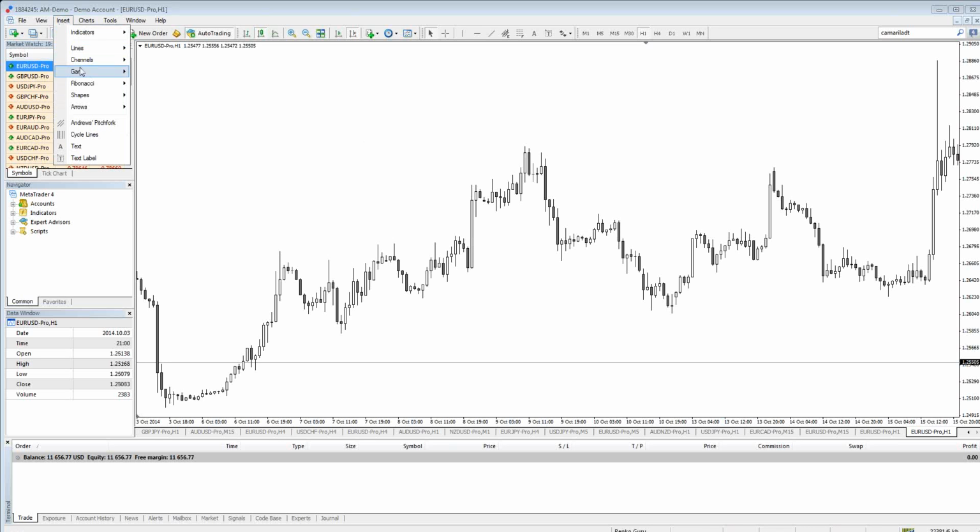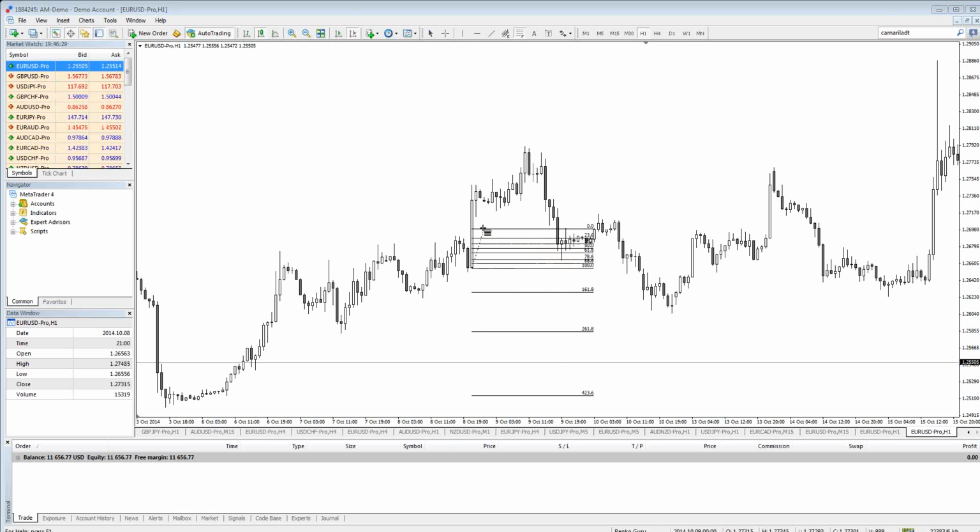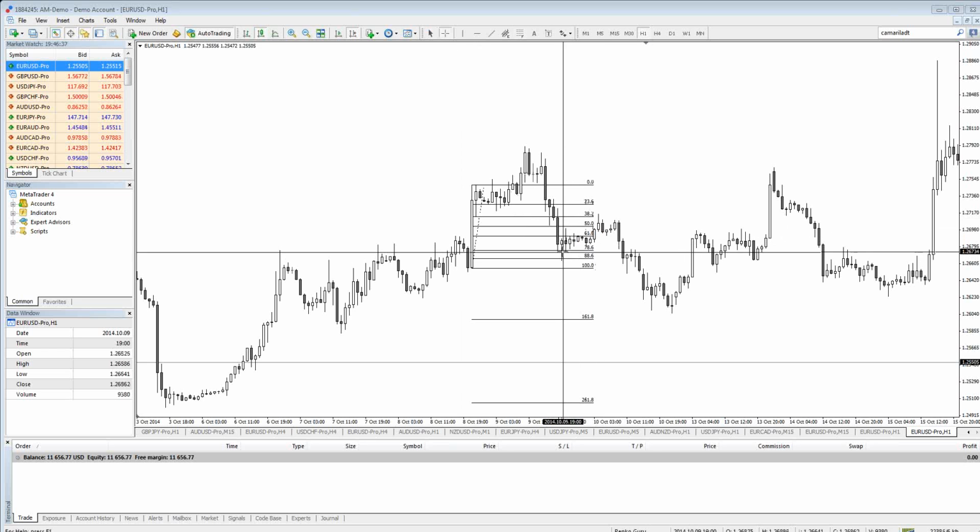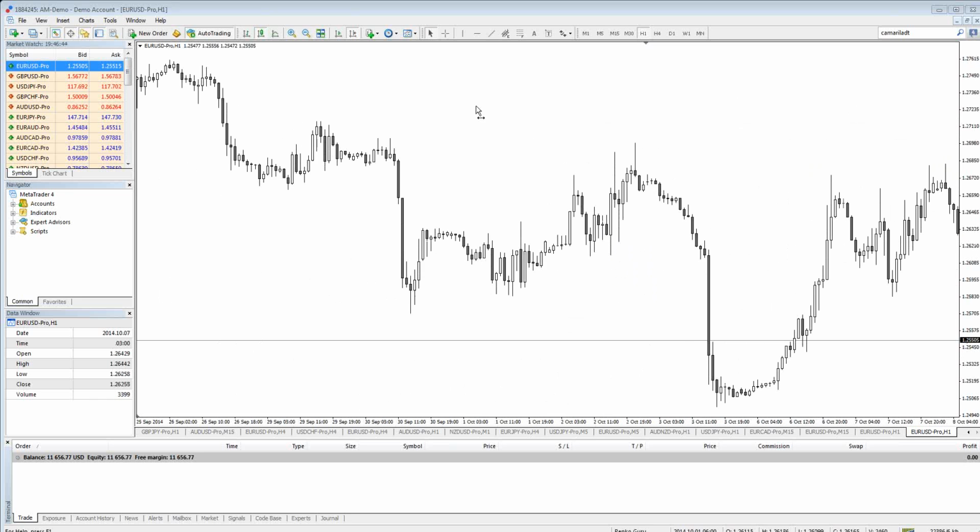Now insert Fibonacci retracement. Look, see 78.6 touched, 88.6 touched. Let's say you have entered your trade here, 40 pips, okay?